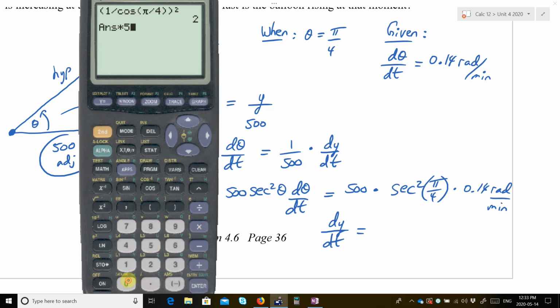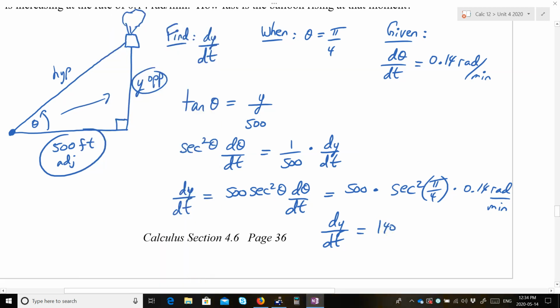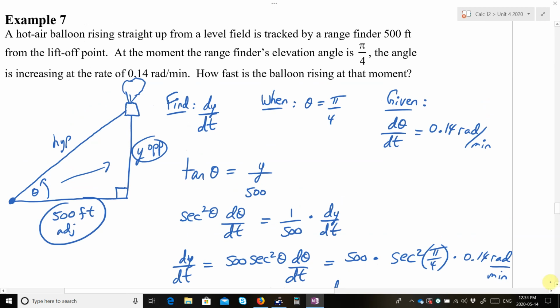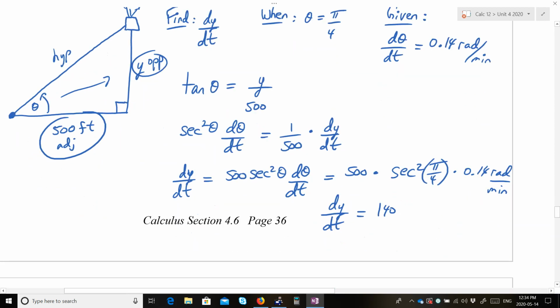And then we're going to go times 500 and times 0.14. Okay, and we get 140 feet per minute. The 500 was in feet.